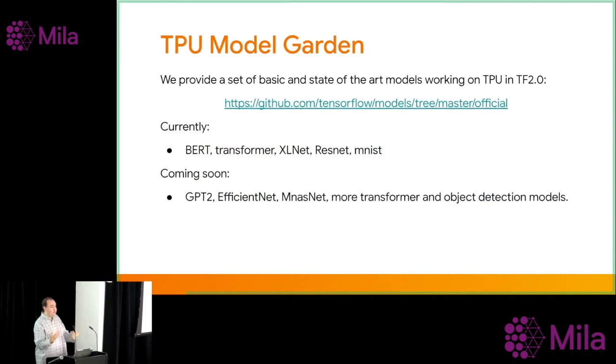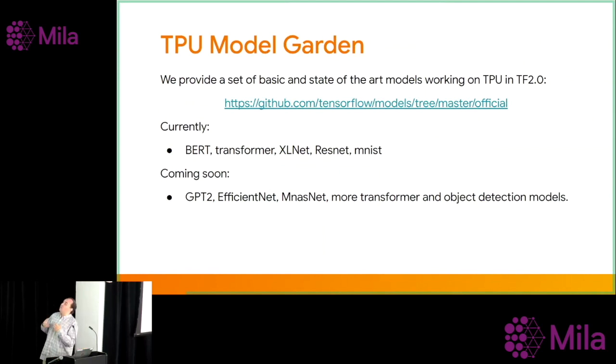Another thing we do is, because we know there are problems around TPUs, you might go to a tutorial and somebody tells you, I can run MNIST on a TPU. Congratulations. Of course we know you can run simple models on TPUs. How do you actually run complicated models on TPUs?